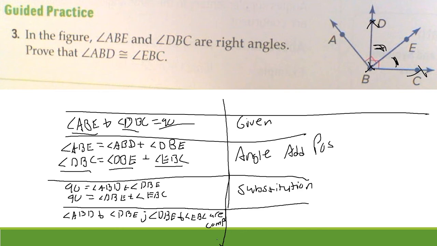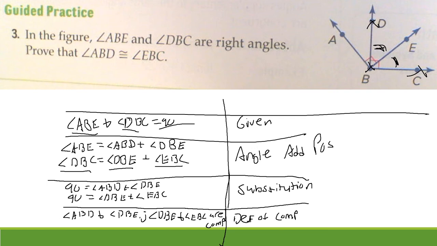How do I know they're complementary? Well, that's by definition of complementary angles. Complementary angles are angles that are defined to be adding to 90, and I just said right here that both these angles add to 90. How do I know they add to 90? Well, because they add to ABE. And then why is that true? Well, because ABE is equal to 90. So I just follow that chain down there to eventually get them to equal 90.